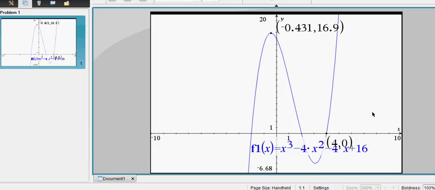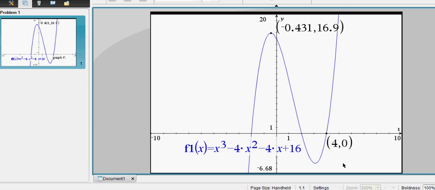I assume that you know how to find a root and how to find a max or a min. So that if you ask me on test day, how do I find this max, how do I find this root, I cannot tell you that. You've got to know how to do that coming in. So if you have issues with that, we should have a conversation.